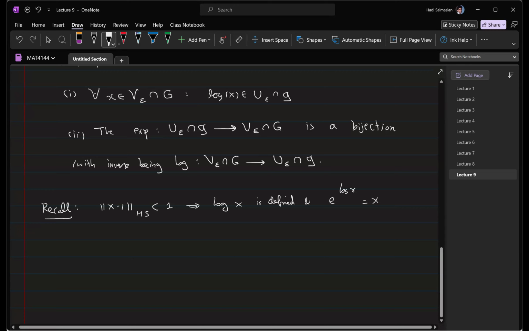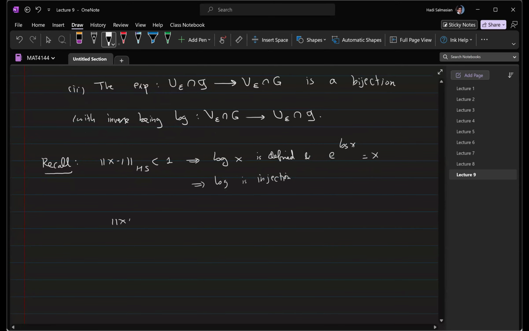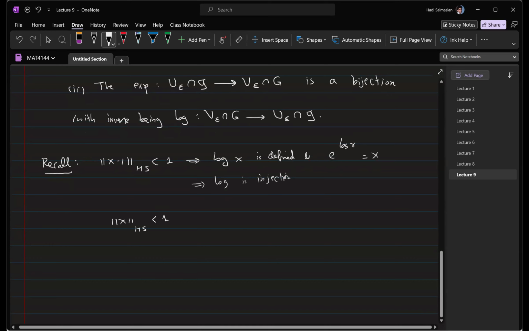So this means log is an injection. Similarly, if the Hilbert-Schmidt norm of x is less than, not 1, but less than log 2, then e to the x minus 1 has Hilbert-Schmidt norm less than 1. This was part of a lemma we proved about the log function.